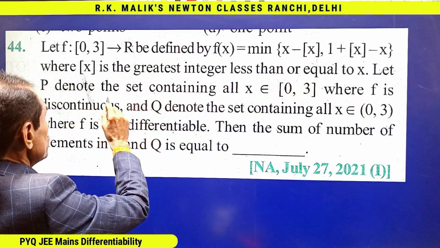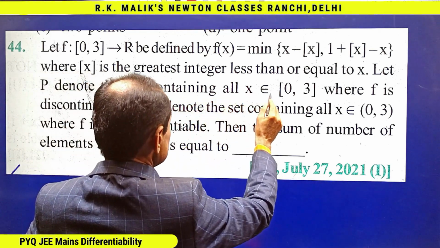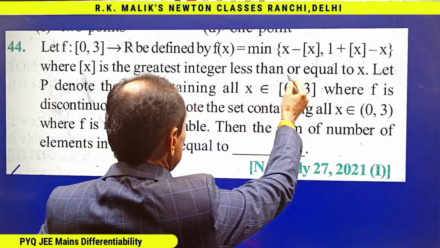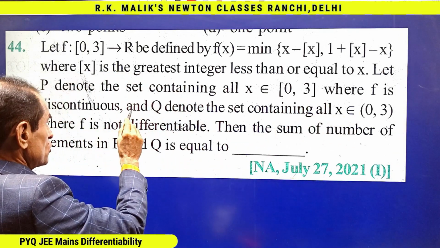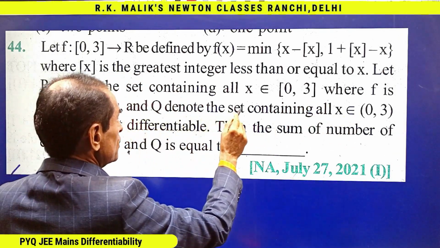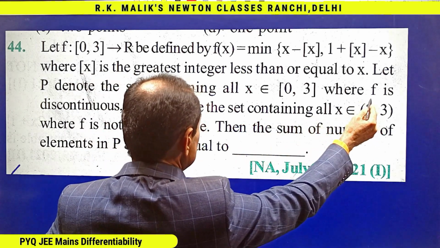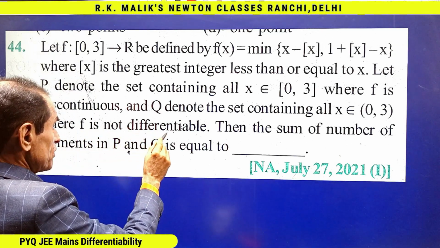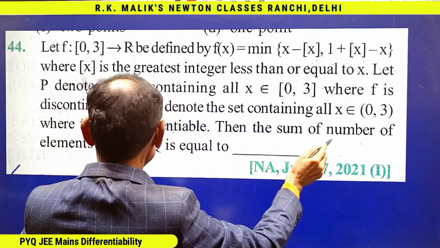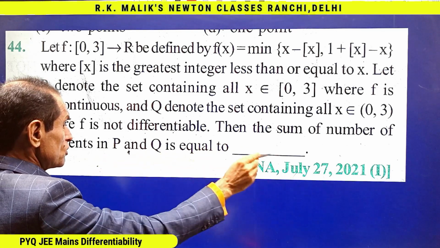Let P denote the set of all x belonging to the closed interval 0 to 3 where f is discontinuous, and Q denote the set of all x belonging to the open interval 0 to 3 where f is not differentiable. Then the sum of the number of elements in P and Q is equal to, you have to fill in the blank.